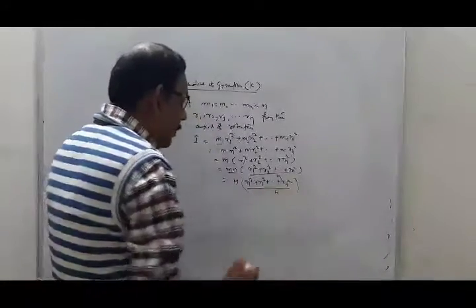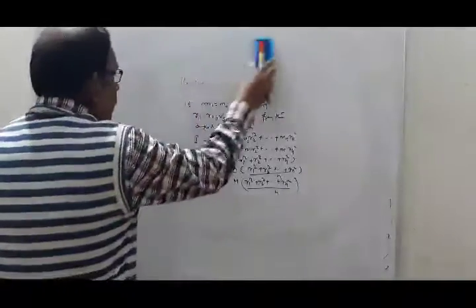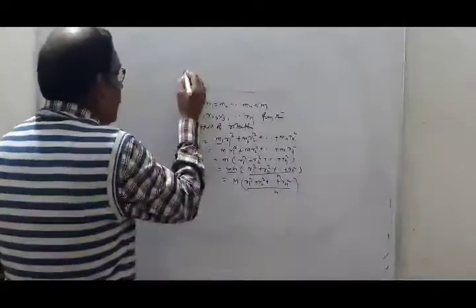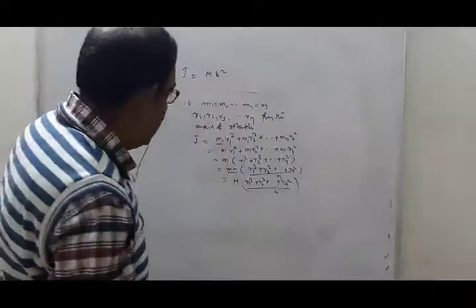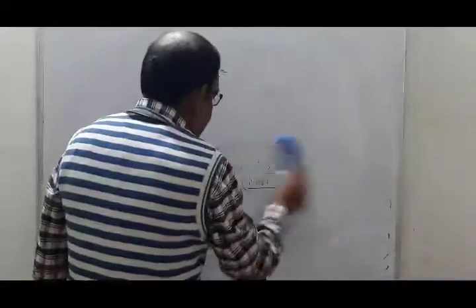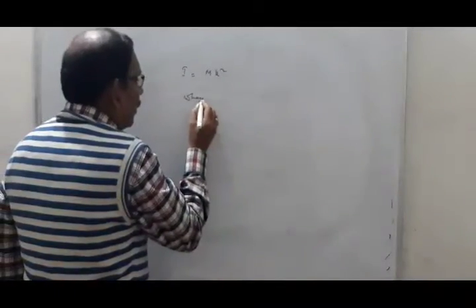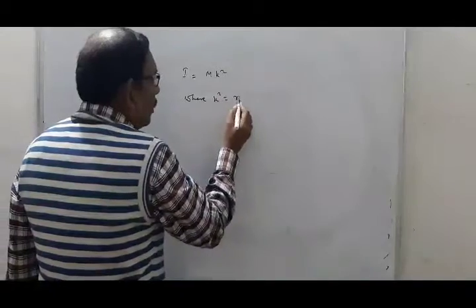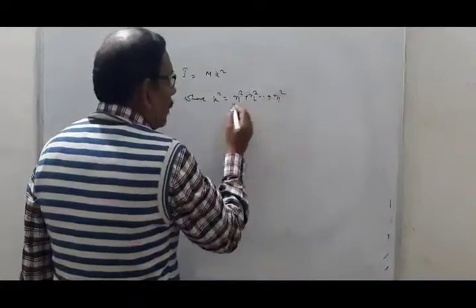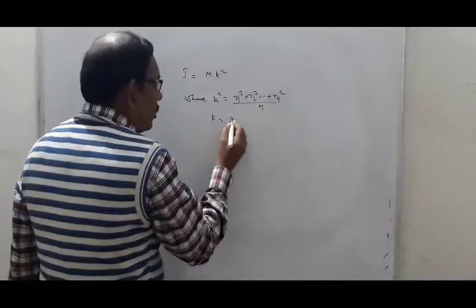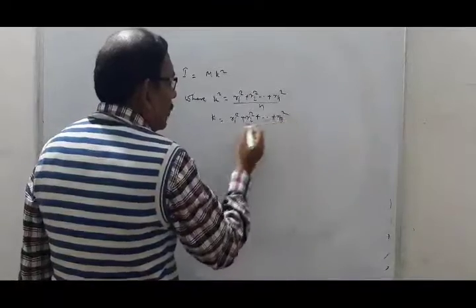Now you have to replace this factor by k square. It means I is equal to M k square, where k square is equal to r1 square plus r2 square up to rn square divided by n, or k is equal to the square root of r1 square plus r2 square up to rn square divided by n.